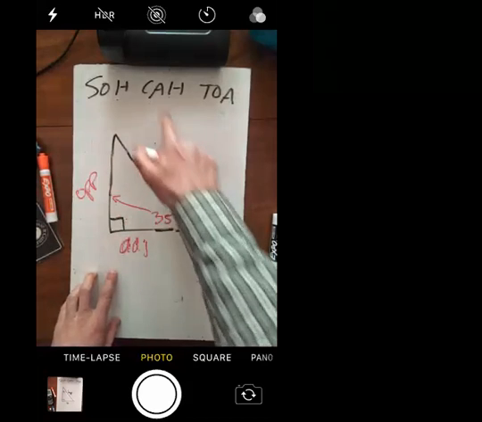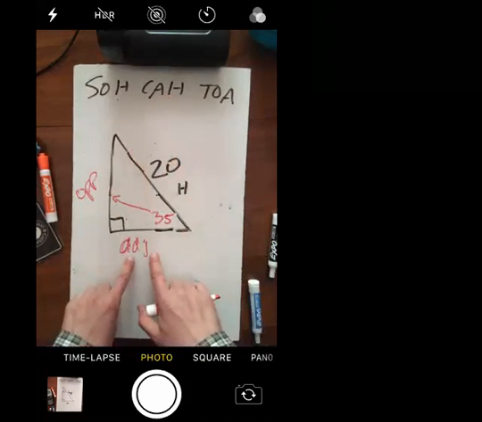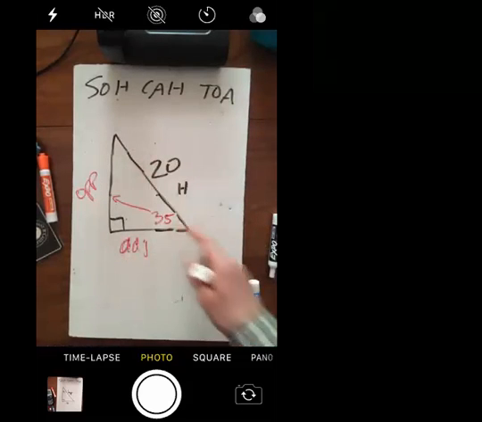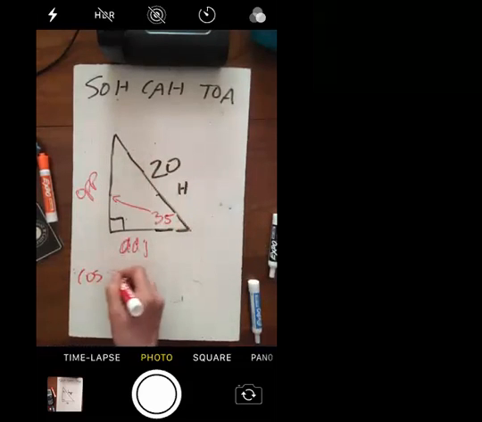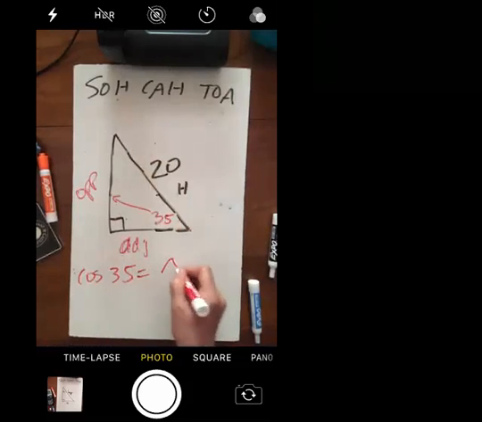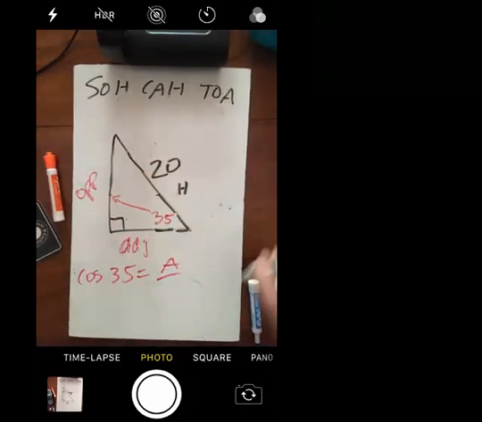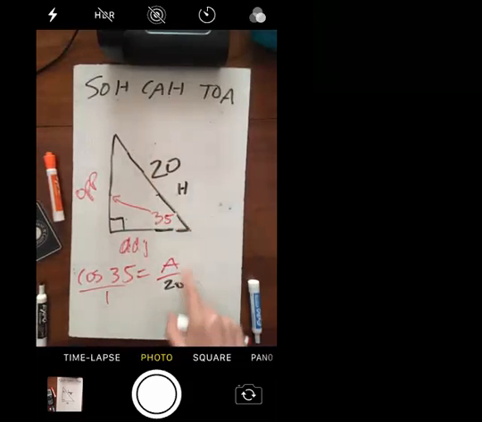So we can use the cosine when we are trying to find the adjacent and we know the hypotenuse. The angle is 35 degrees. So we would say the cosine of 35 degrees equals adjacent over hypotenuse. But now we already know that our hypotenuse is 20. In this case, what we're trying to find is in the numerator. So it will be isolated as soon as we multiply both sides by 20, because this is just 1 times a.